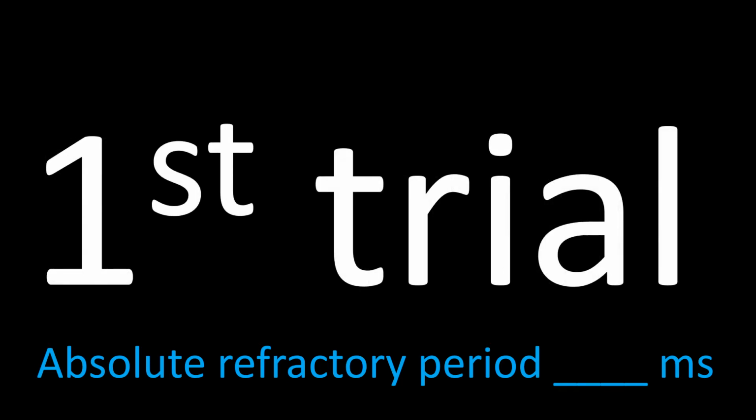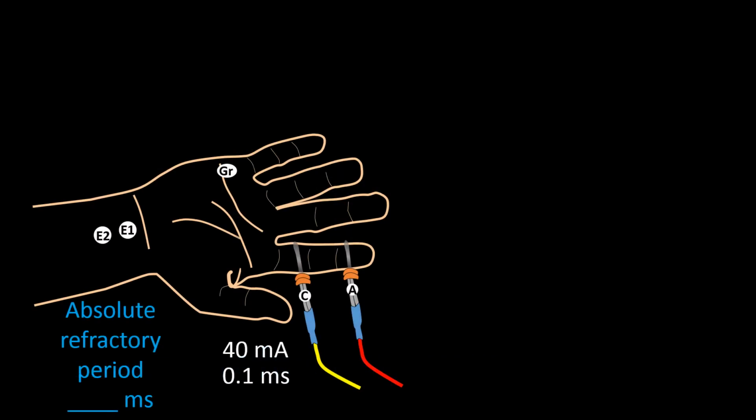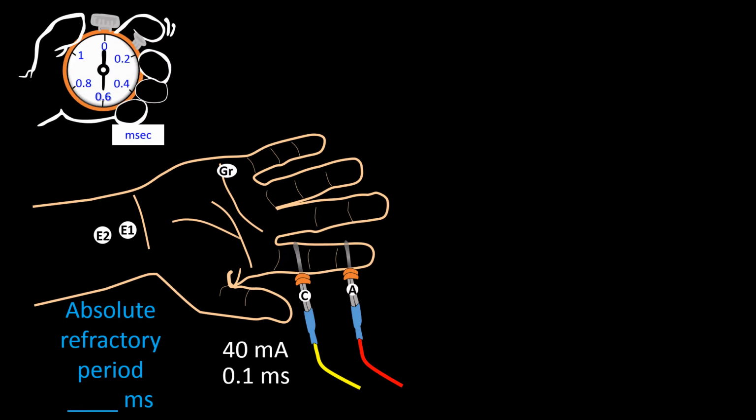The first trial consists of stimulating the index finger at time 0. Notice that the stopwatch measures in fractions of milliseconds, and that the divisions are set at 20 microvolts and 1 millisecond.